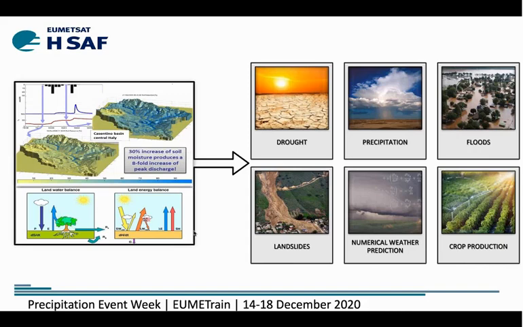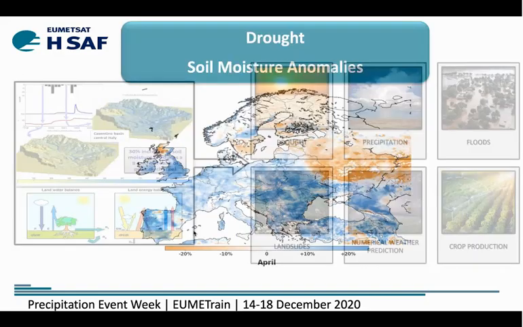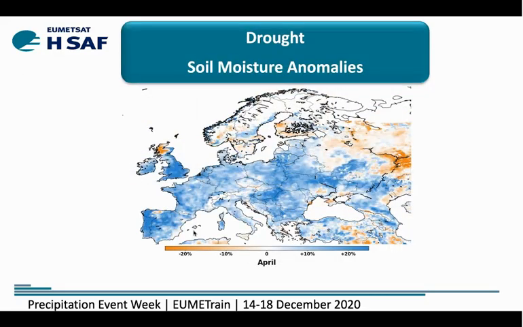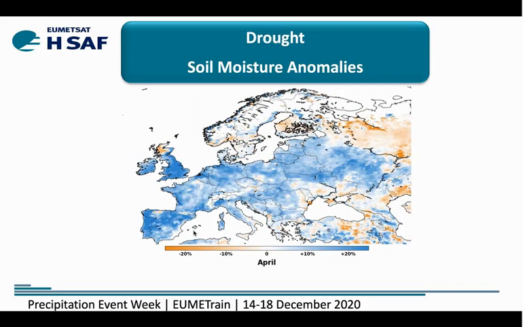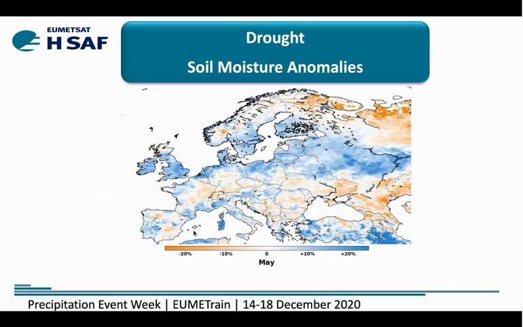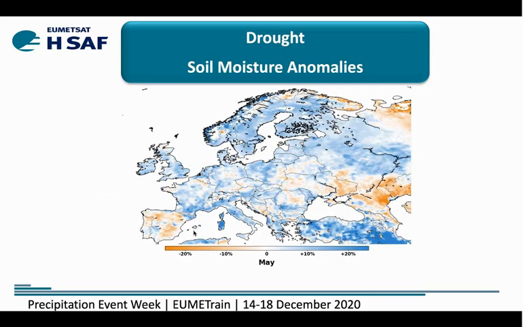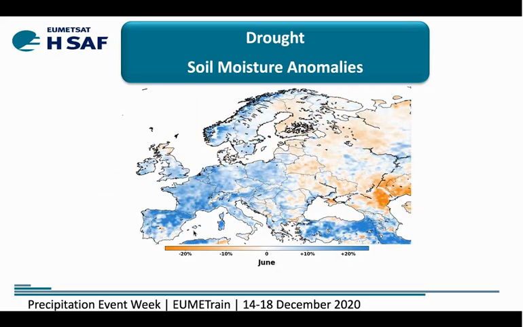We have some examples. So this is one. We can use the soil moisture data, and we have done a group inside H SAF of CNR to evaluate very easily the soil moisture anomalies, and so to have an idea of the drought seasons.